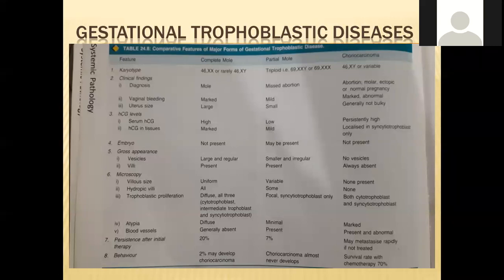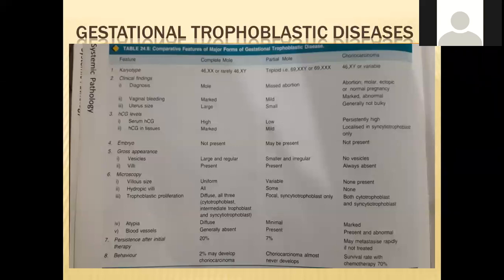HCG in tissues marked. Embryo gross appearance, as I have told you, is not present in complete. Vesicles are large, regular, villi present. Villous size uniform. Hydropic villi, trophoblastic proliferation diffuse, all three: cytotrophoblast, intermediate trophoblast, and syncytial trophoblast. ATP are diffuse, blood vessels generally absent, and persistence after initial therapy is 20% chance.